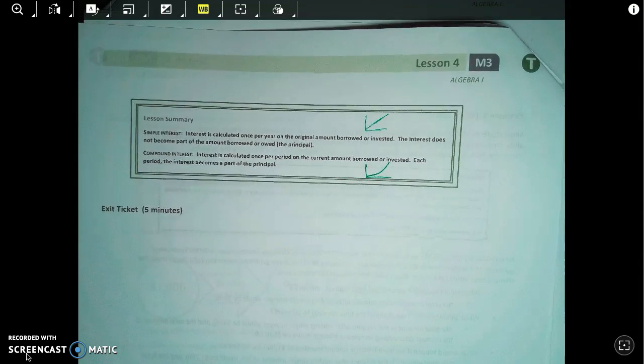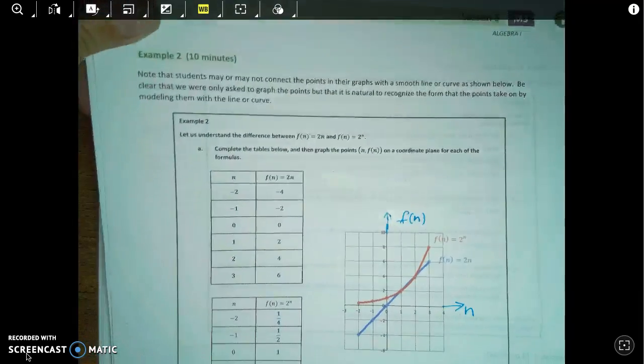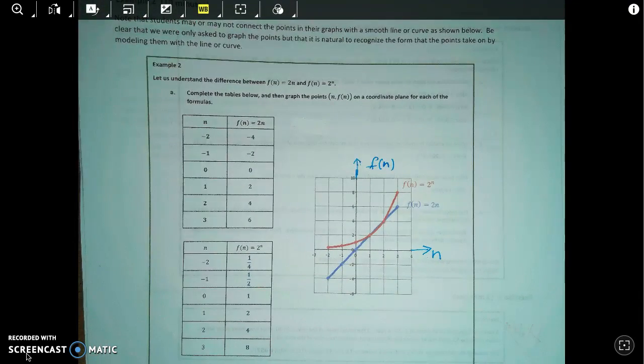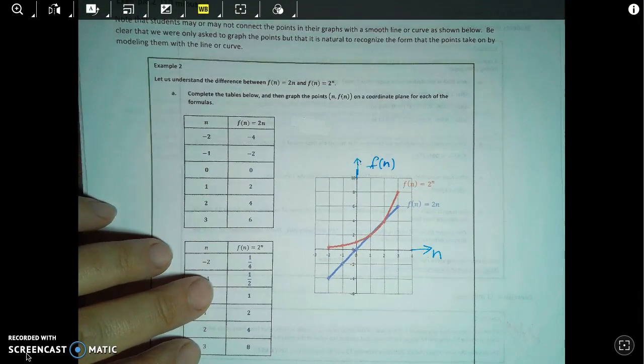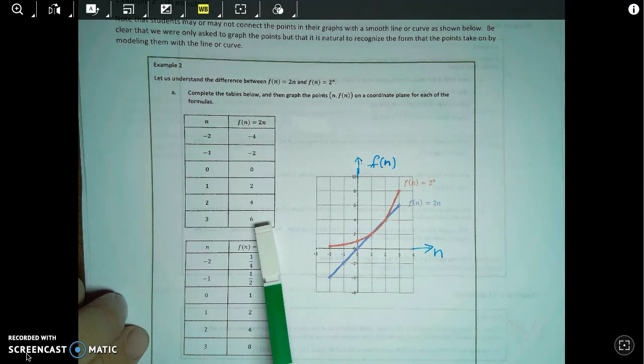So in lesson 5 we talked about also the power of the exponential growth, and we had this example 2. If you remember, we had these two functions and we were supposed to find out these f of n values.